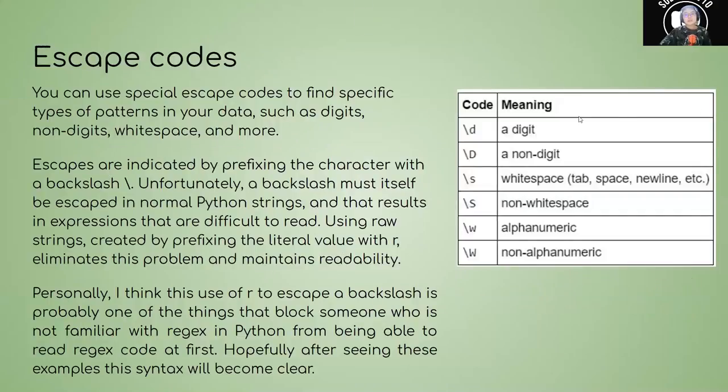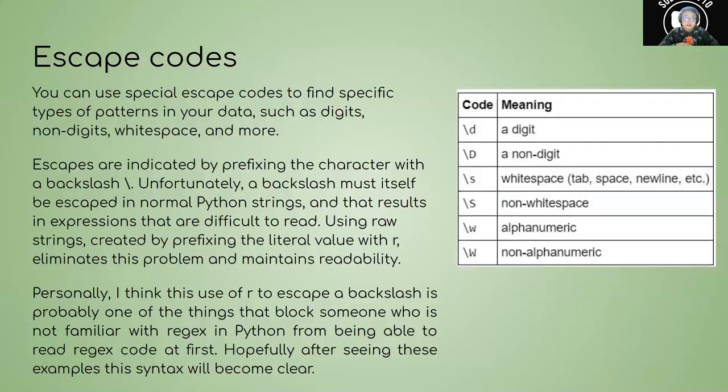So escape codes. Here are a few escape codes. You can use a special escape code to find specific types of patterns in your data, such as digits, non-digits, white space, and more. Escapes are indicated by prefixing the character with a backslash. Unfortunately, a backslash must itself be escaped in normal Python strings, and that results in expressions that are very difficult to read.